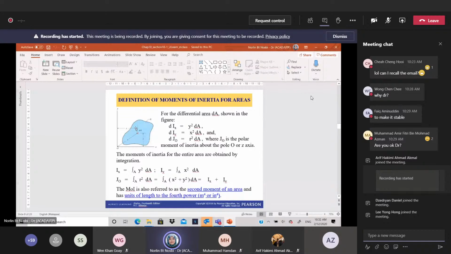So the moment of inertia Ix is the integration of y squared dA, the moment of inertia about the y-axis is x squared dA, and for z it is r squared. What is r squared equal to when you relate it with x and y?